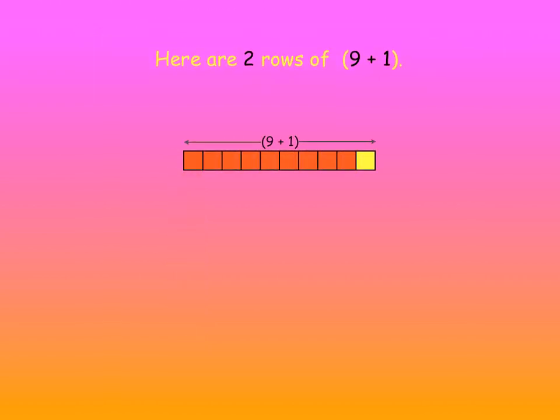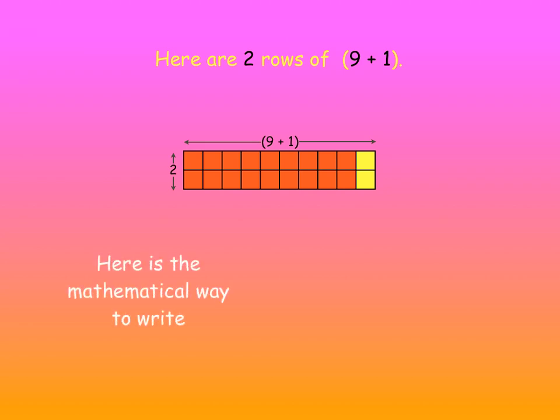Here are two rows of 9 plus 1. There's one row and there's another one. Now we have two rows of 9 plus 1. Here's the mathematical way to write two groups of 9 plus 1: 2, parenthesis, 9 plus 1, end parenthesis.